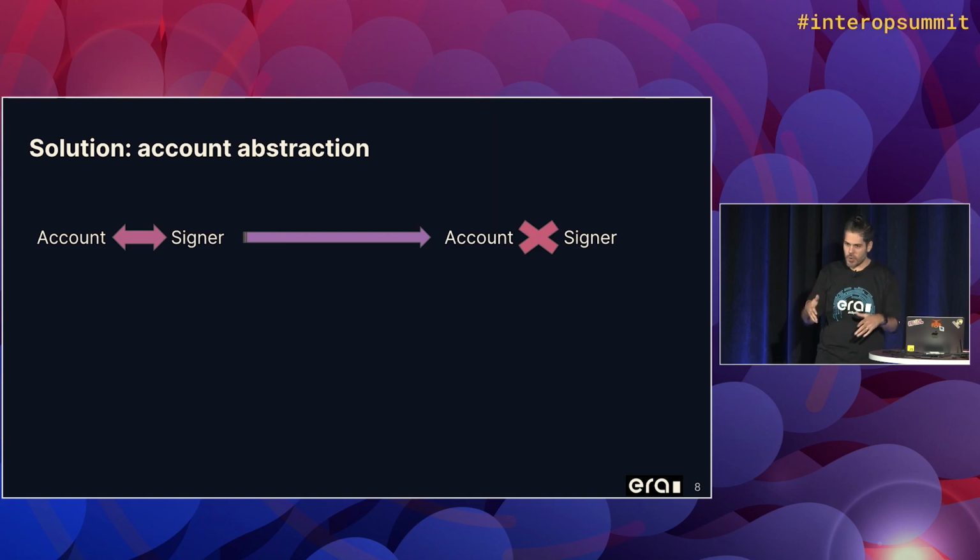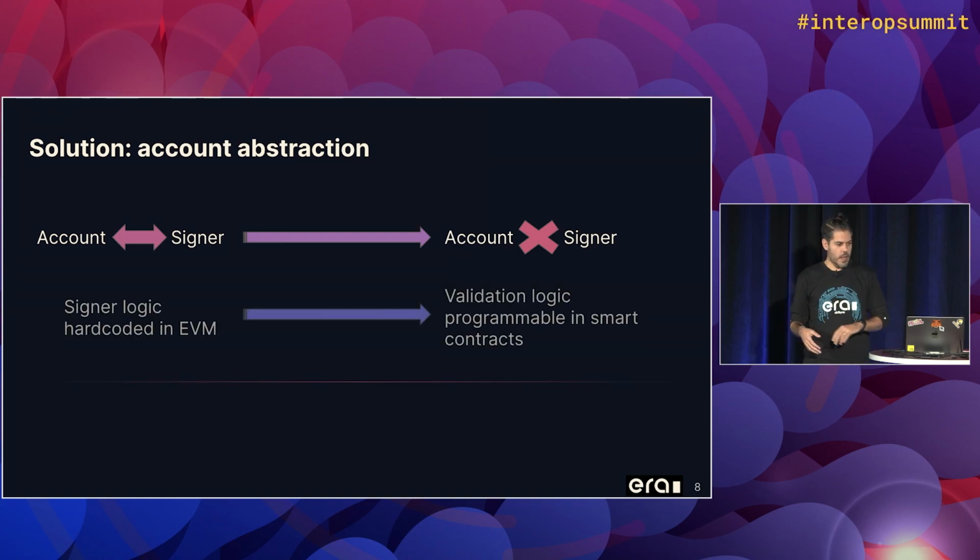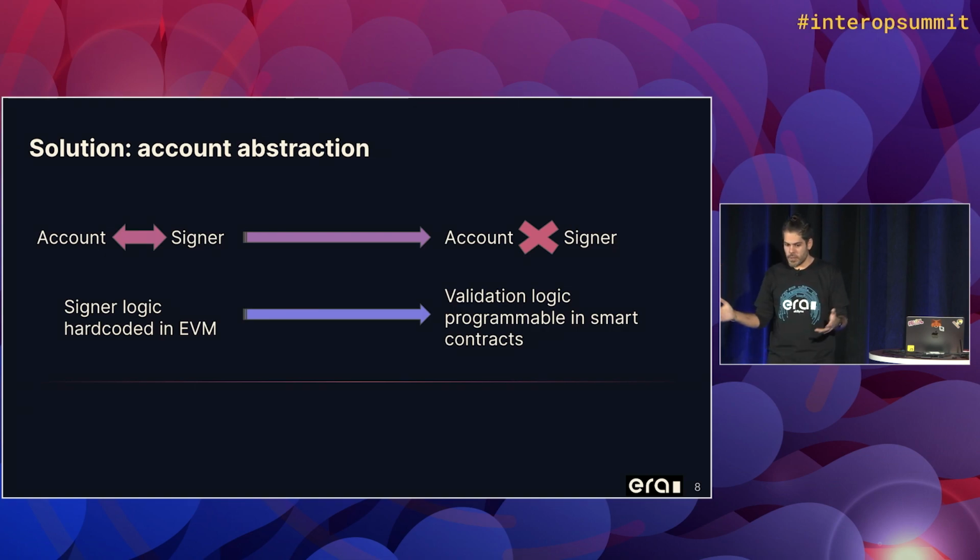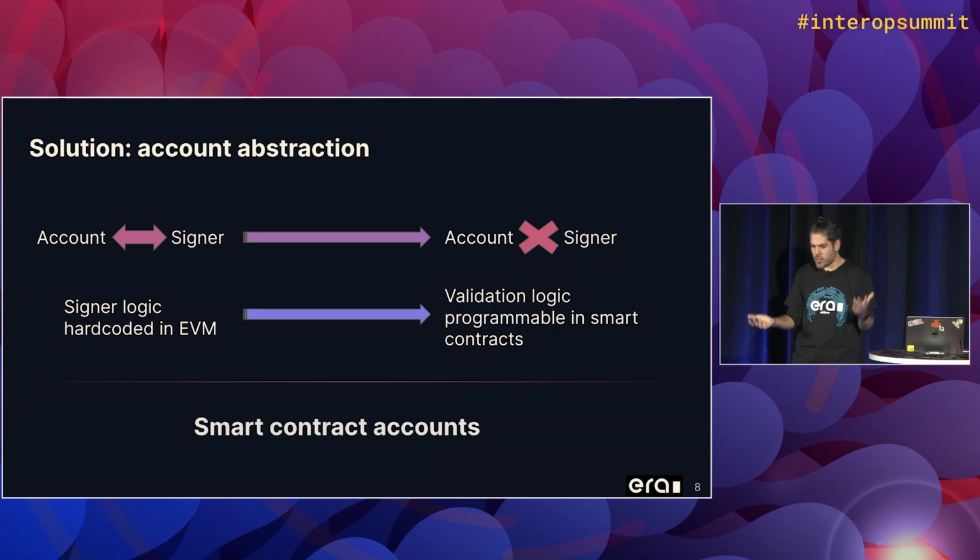So the accounts will not be related to any signer. And instead of having signers whose logic is hard-coded in the EVM, we'll put this logic into a smart contract. A smart contract is fully programmable, so we can put any logic that we want. So you can say that account abstraction means using smart contract accounts.